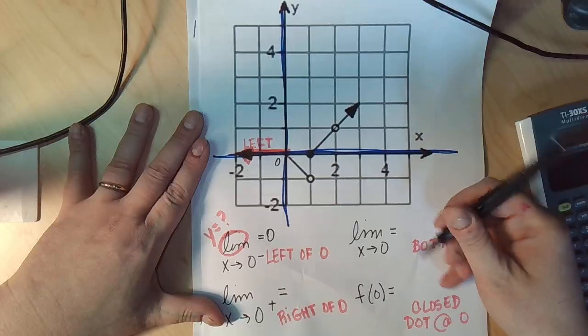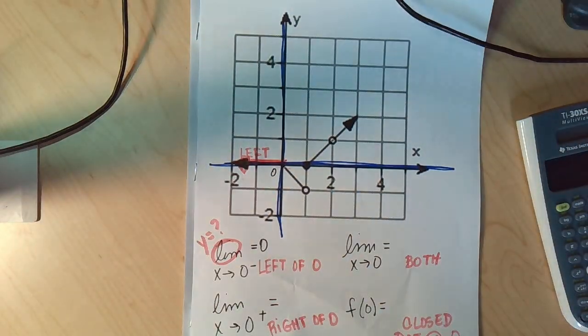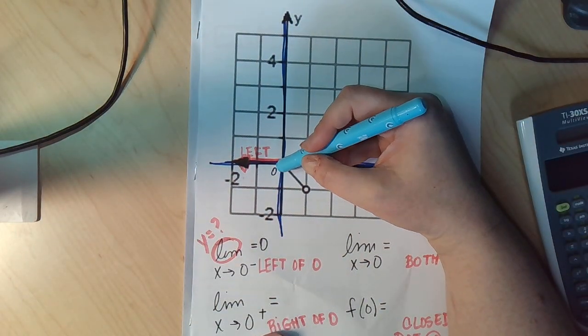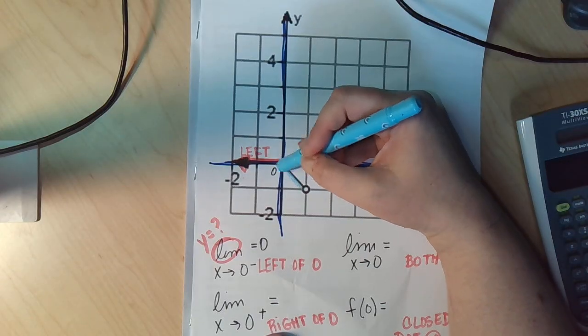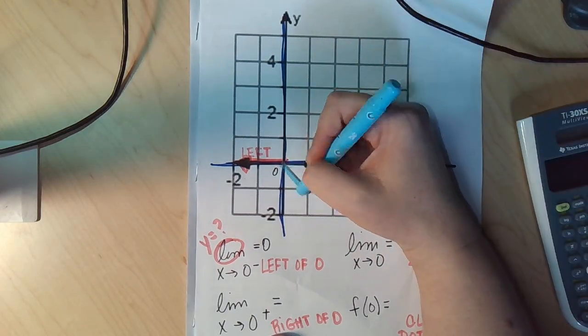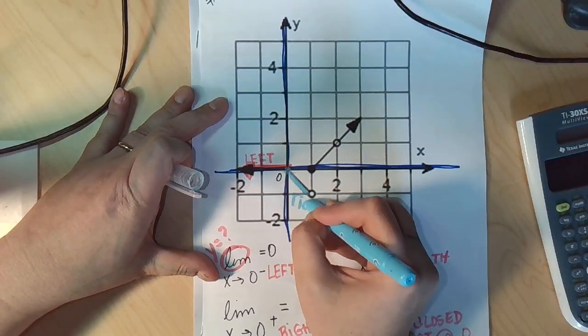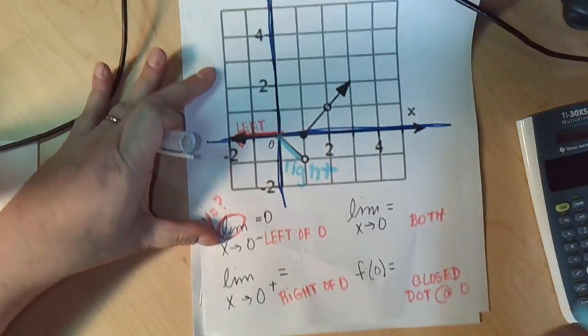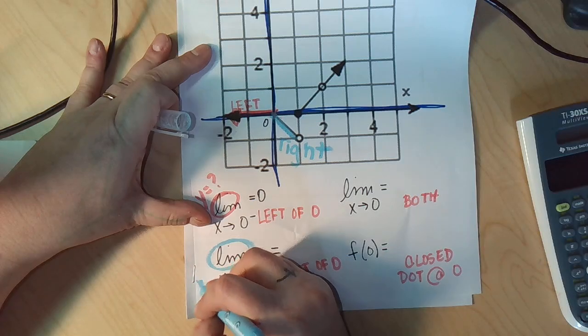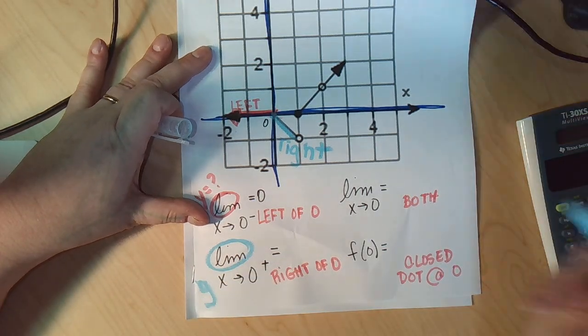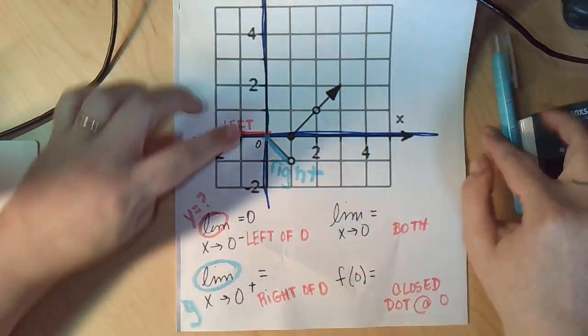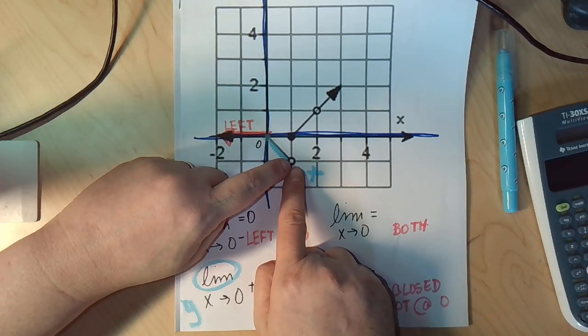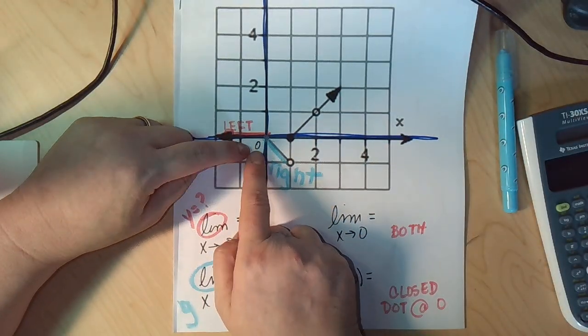Okay, let's look at the right-hand piece of the curve. Here's x is 0. To the right is this curve right here. Okay, so this is the right. And we are still looking for the limit, which means the y. Now, that doesn't mean the y value at this open hole. It means the y value at 0.